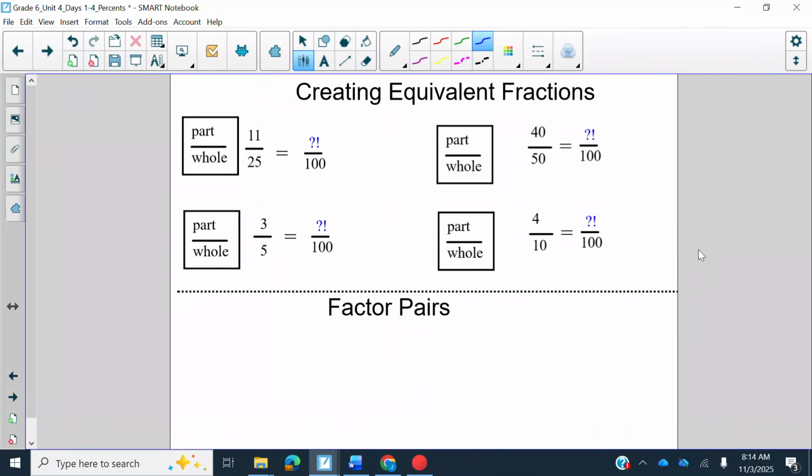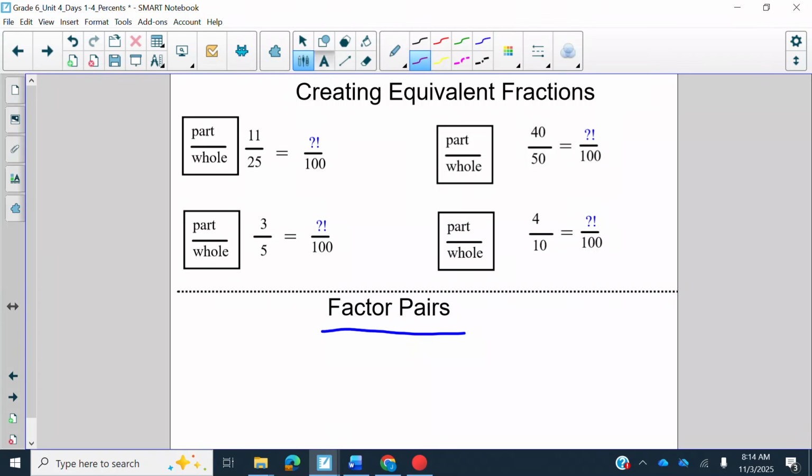So when we create equivalent fractions, it is just like using tickets, except there's going to be some specific factor pairs, some multipliers that help us to do it. And when we're talking about factor pairs, we are talking about ways that we can make 100 with multiplication.